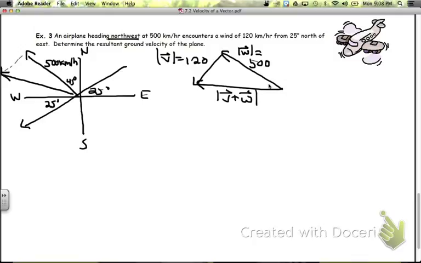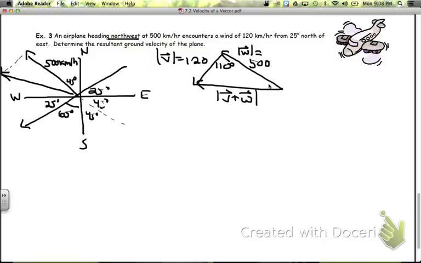And what else do we know here? We also know that this angle measurement right here is going to be 110 degrees. The reason we know that is that this angle measurement is 65 degrees, and there is a vector here where this is 45 degrees and this is 45 degrees.